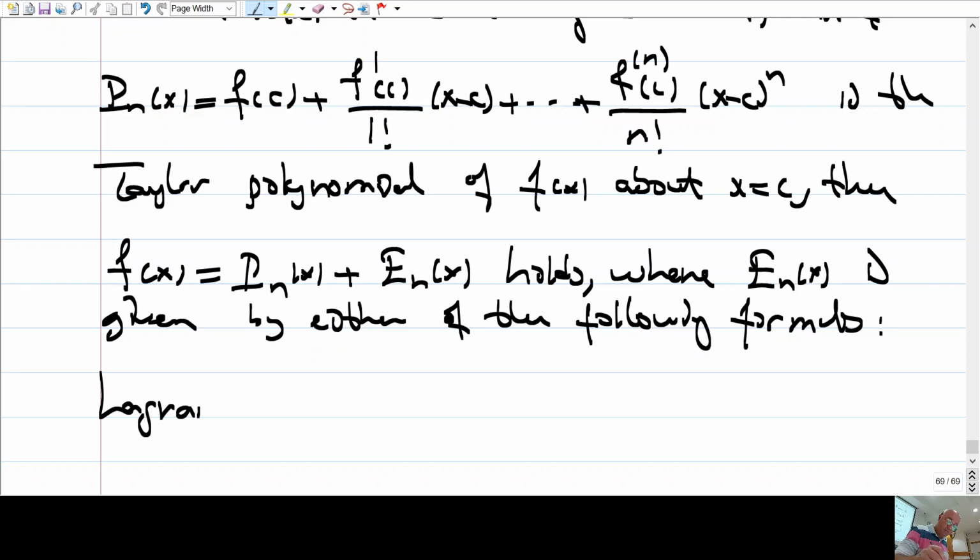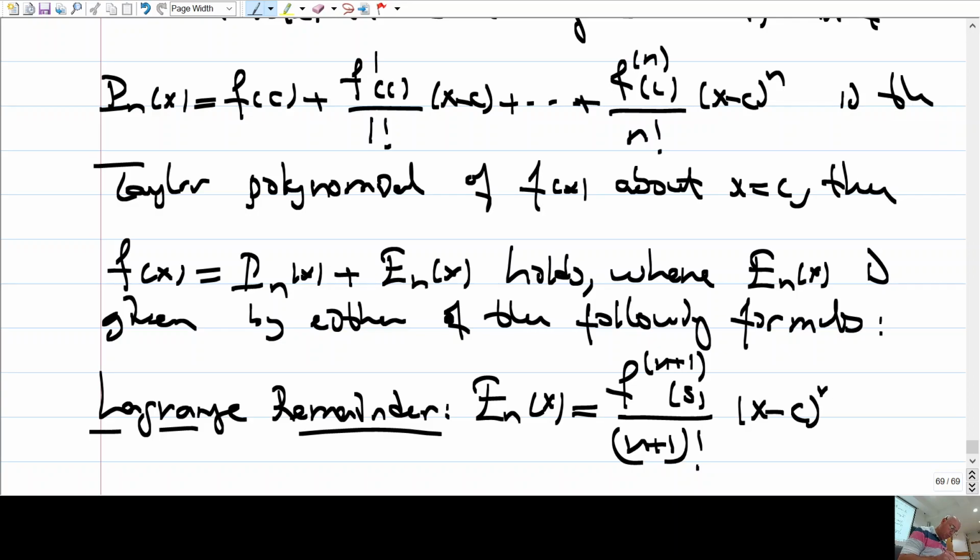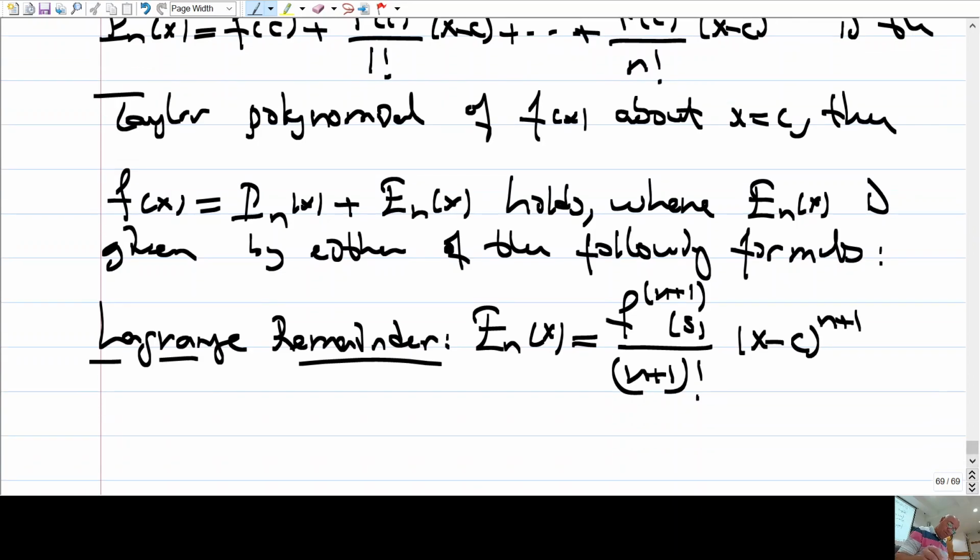There are two formulas for this. One of them is called Lagrange Remainder. Possibly it is due to Lagrange. So Lagrange tells us that this is equal to the n plus first derivative of the function evaluated at some point s, divided by n plus 1 factorial, times x minus c to the power n plus 1, for some s between c and x.